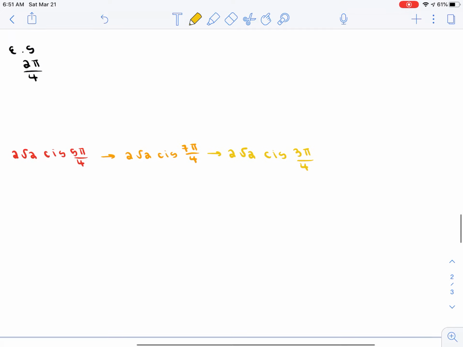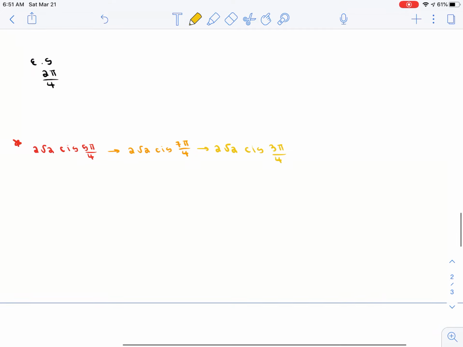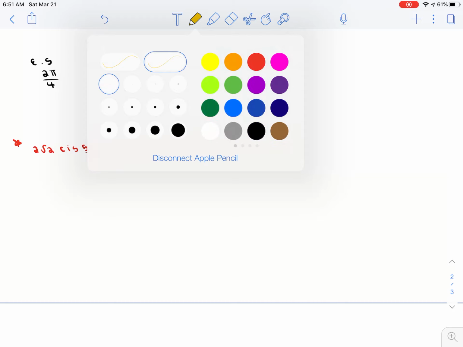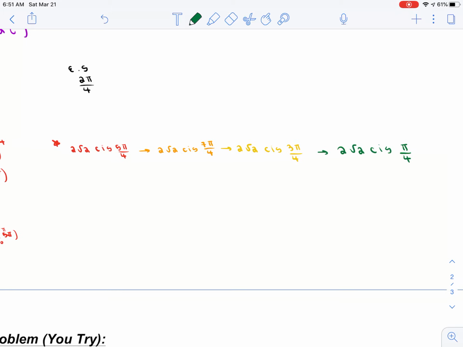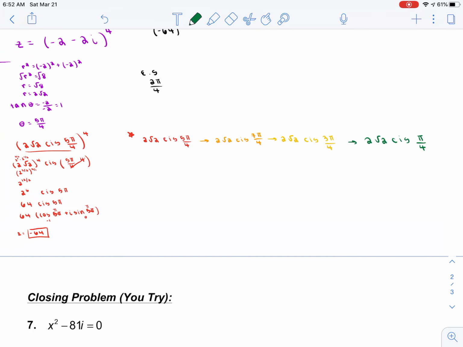So it's kind of nice that you can use that and then also subtract one more time. And if you subtract one more time, you're going to get that 2√2 cis and then π over 4. So again, you can add 2π over 4, but then once you see that you go over 2π, you would have to subtract 2π and still would get those 2 answers.